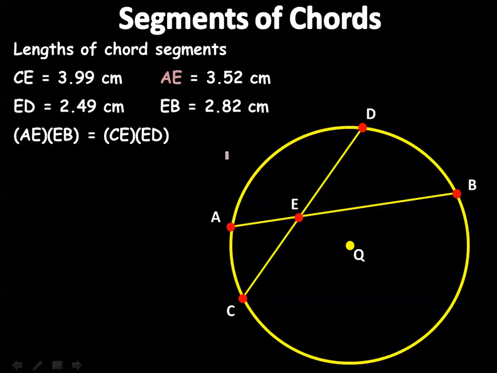Here's AE, and I'm highlighting this AE segment. That's not showing up too well. Let me get another color. There, that's a little better. So here's AE right here, and here's the segment AE.